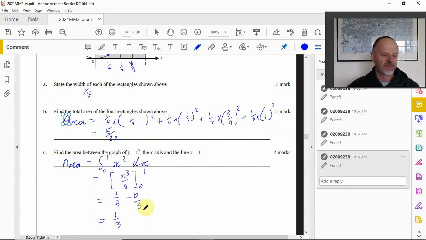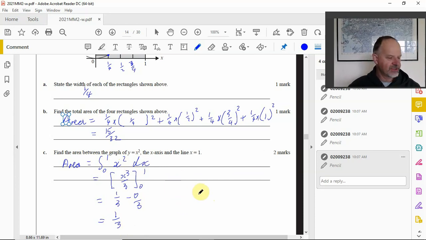All right, so a couple of things here before I move on to part D. This one here is 2 marks, so you need more than just the answer. We need the integral. You need to show the examiners or the markers where you actually got this 1/3 from.